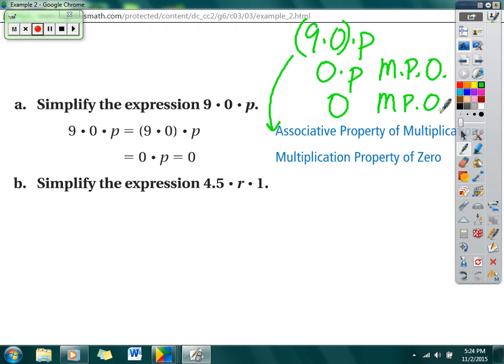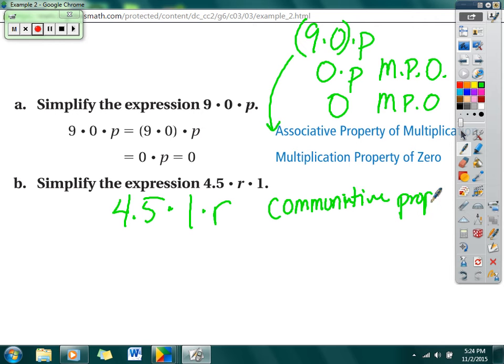I know I need to get that 1 by the 4.5. So I'm going to use the commutative property. So I'm going to write 4.5 times 1 times r due to the commutative property.